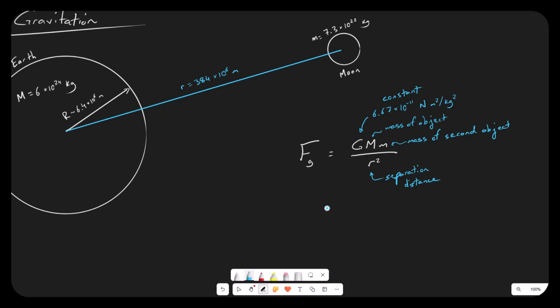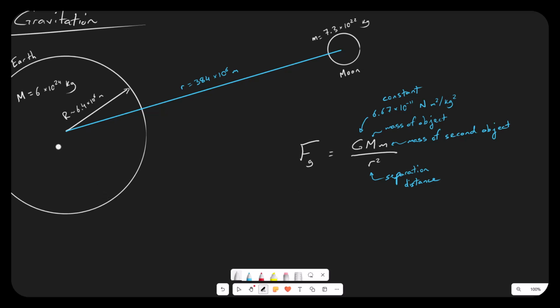I use a capital M and a lowercase m. Sometimes you'll see the same formula with a G, mass 1, mass 2, over R squared. They're being multiplied together, so it doesn't matter which is which, but I tend to use a capital M for the larger of the two bodies, and a lowercase m for the mass that's experiencing that force. Newton's third law says they're both experiencing the force, right?